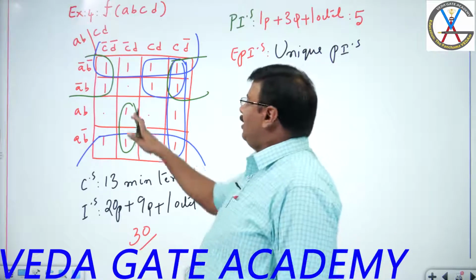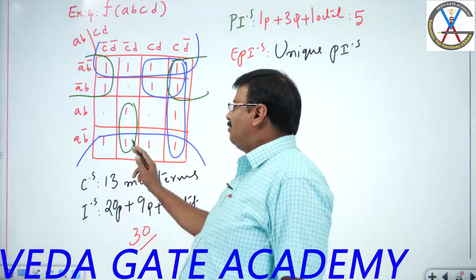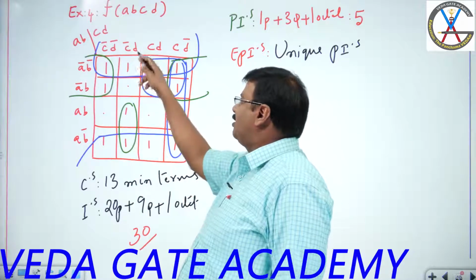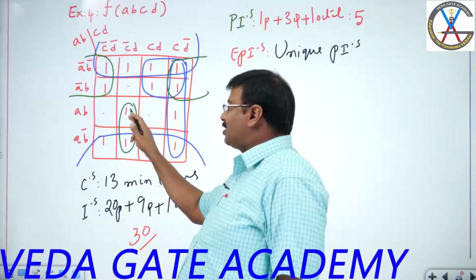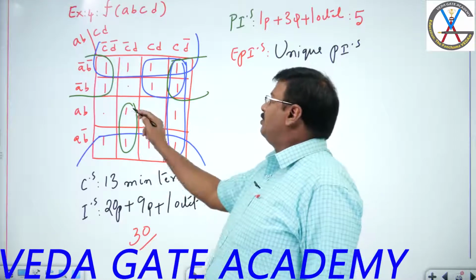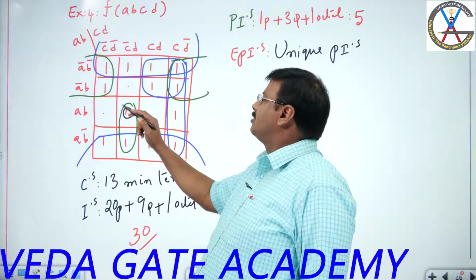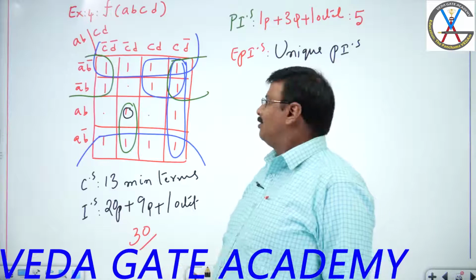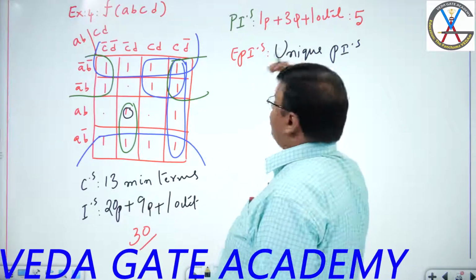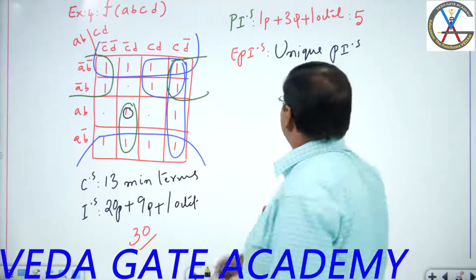Here, in this pair, for this square, I can take a pair like this, like this, like this. But for this square, this is the only pair possible. Correct? So this is unique. So only one pair is a unique prime implicant.